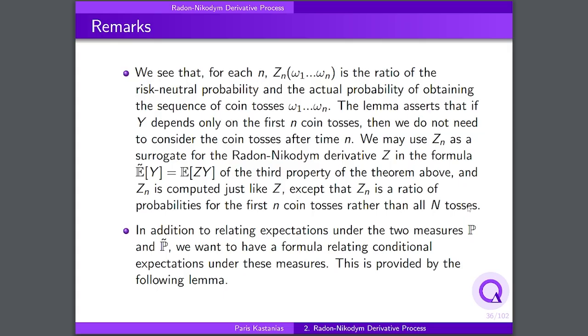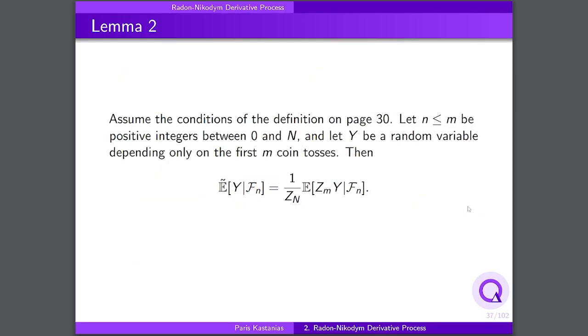In addition to relating expectations under the two probability measures, we want to have a formula relating conditional expectations under these measures. This is provided by the following lemma. Assume the conditions of the definition on page 30. Let n less than or equal to m be integers between 0 and capital N, and let Y be a random variable depending on only the first m coin tosses.